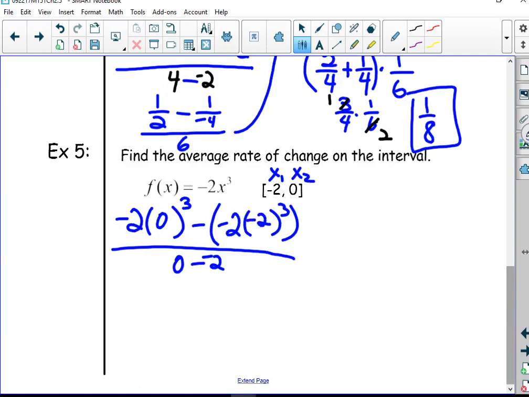Okay, well, my first term goes to 0 minus, and I get negative 2 to the third, which is negative 8, times another negative 2, which is positive 16. And I still have that negative in between the two functions, so I get 0 minus 16 over positive 2. So it looks like the average rate of change here is going to be negative 8.